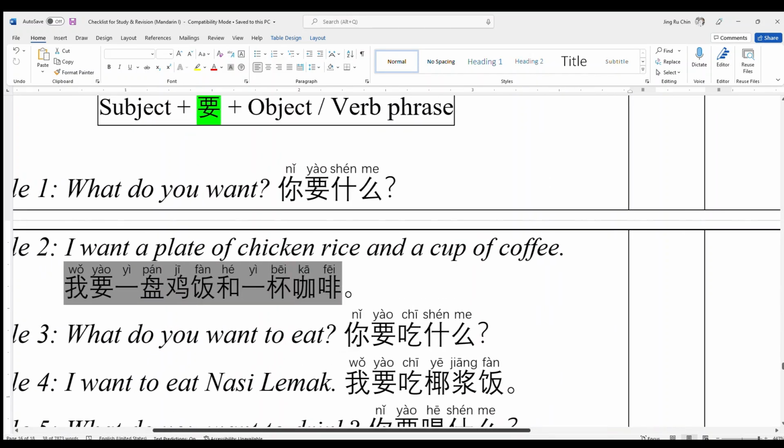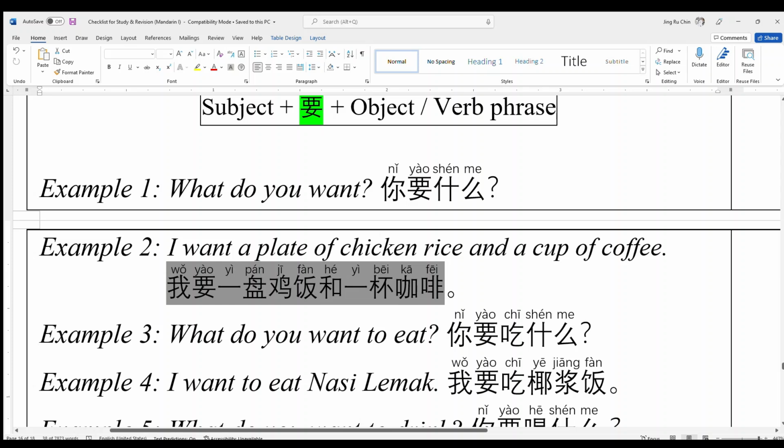I want a plate of chicken rice. I believe you have already watched my previous video. We have already learned the quantifier, penjodoh bilangan. Plate and cup. So a plate of chicken rice is 一盘鸡饭. And of course, a cup of coffee, 一杯咖啡.